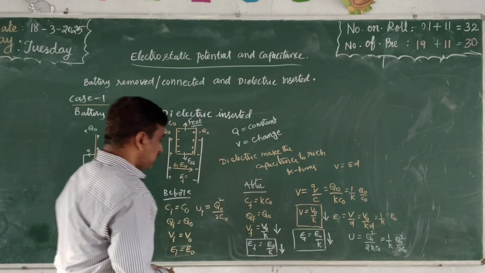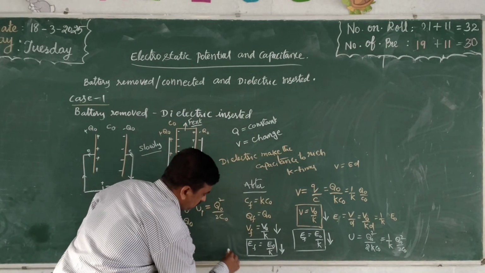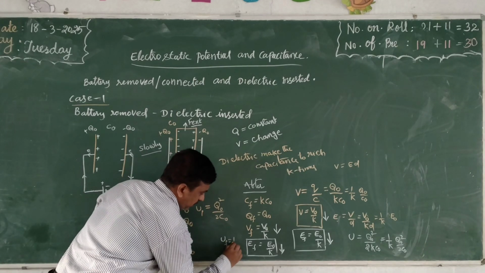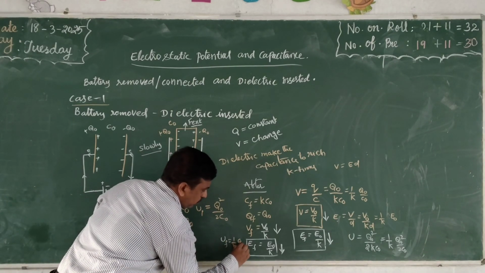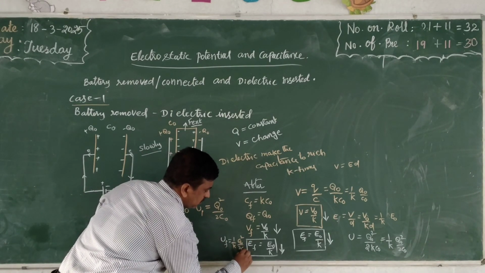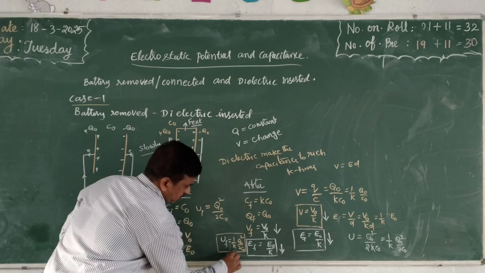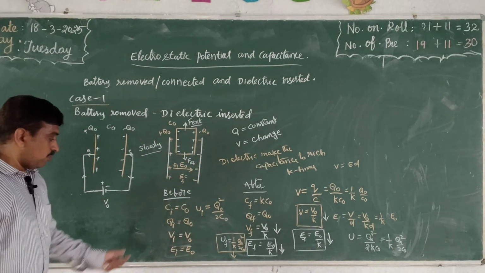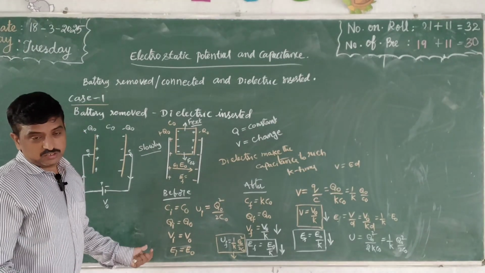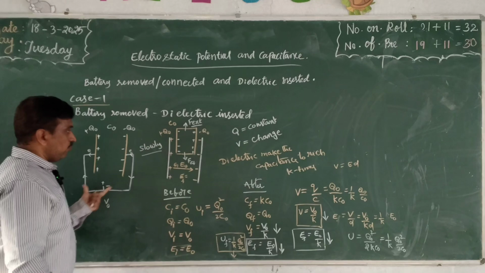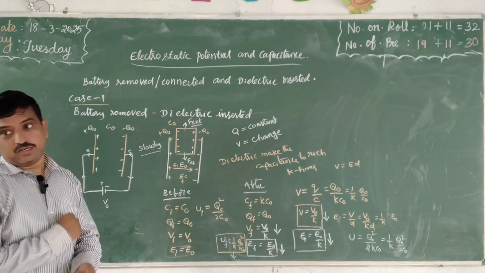The final energy has the same Q naught square, but the capacitance increases K times, so it is 1 by K into Q naught square by 2 C naught. So the potential energy decreases K times, and the electric field also decreases, when the battery is removed and the dielectric inserted.